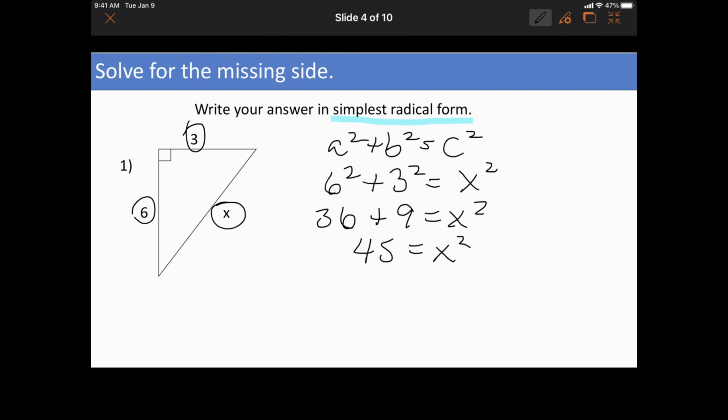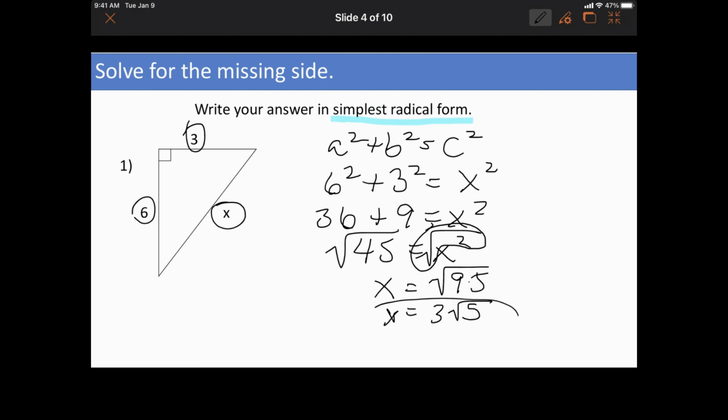Now once we get here, we're going to take the square root, right? That will undo the square, and the square root are inverses of each other. Now when we're going to simplify 45, remember we're looking for perfect squares, so it's 9 times 5. The square root of 9 is 3, and then it's root of 5. Double check, no units, so this is my final answer.